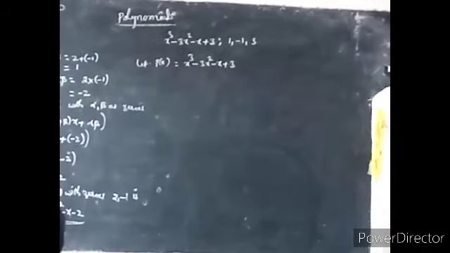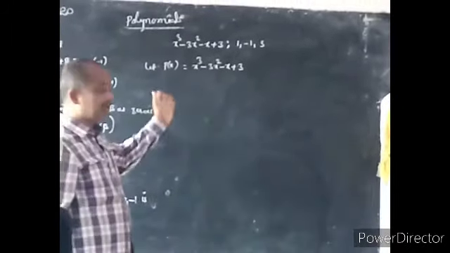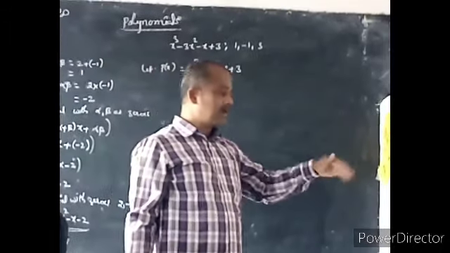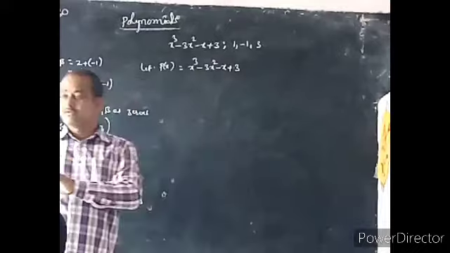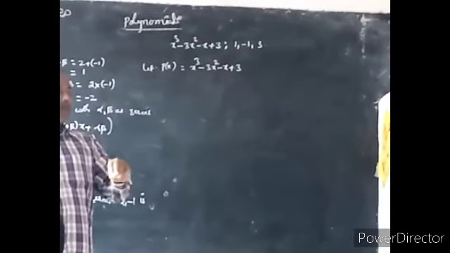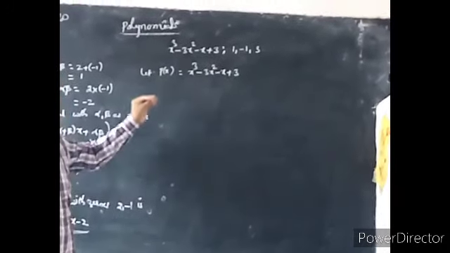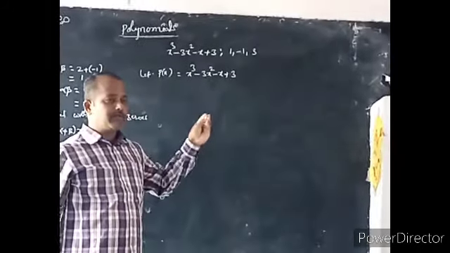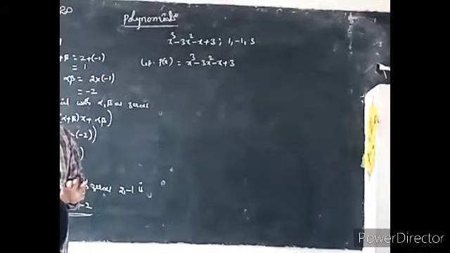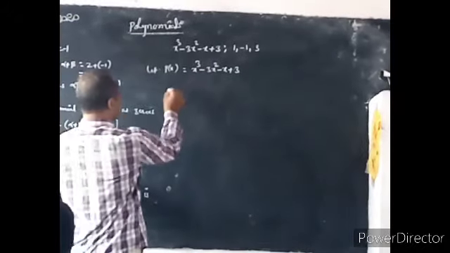According to the factor theorem or remainder theorem, if the remainder is 0, that is a factor. The value at which the polynomial becomes 0 is known as a zero of the polynomial, or factor, or root of the polynomial. You can use any word. Now let p of 1 first.